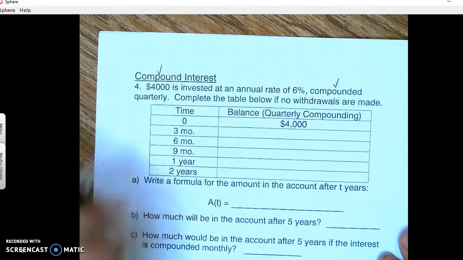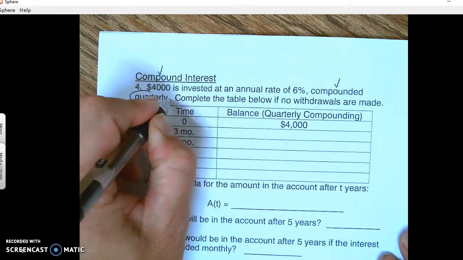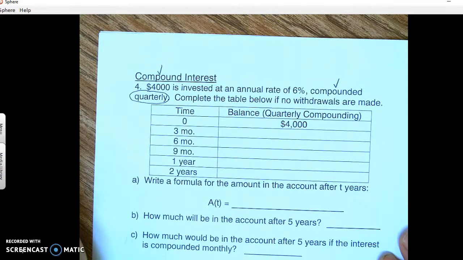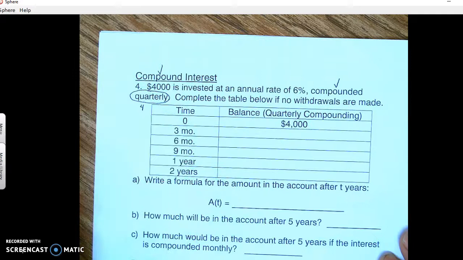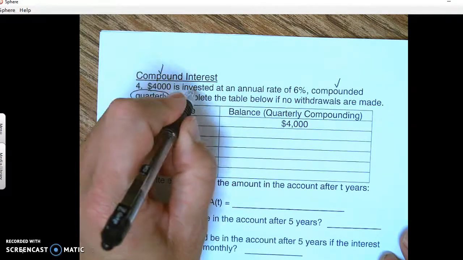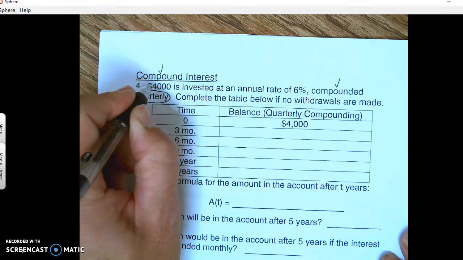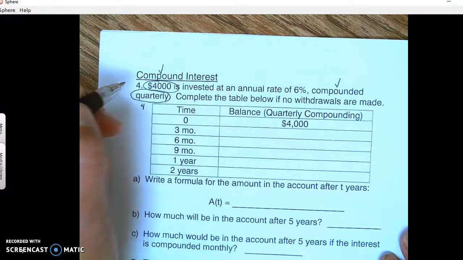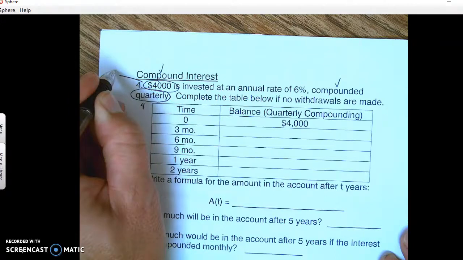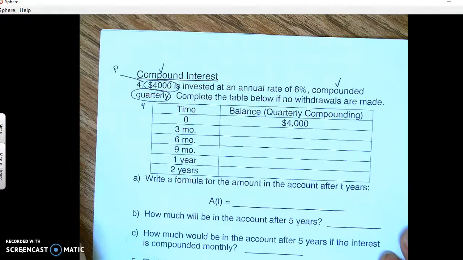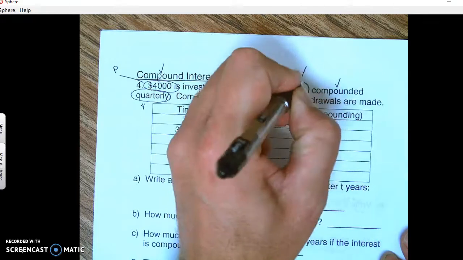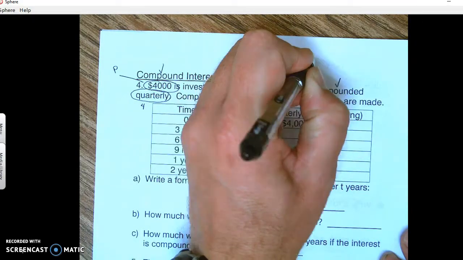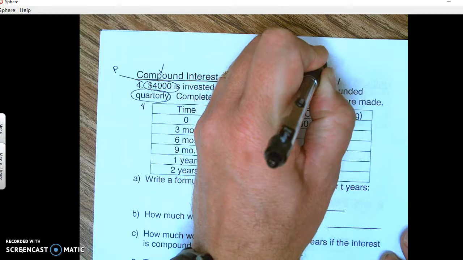This one is compounded quarterly, so that would be 4 times in a year. $4,000 is invested, so that's going to represent our principal. It's at a rate of 6%. That's going to represent our rate, which is going to be 0.06.